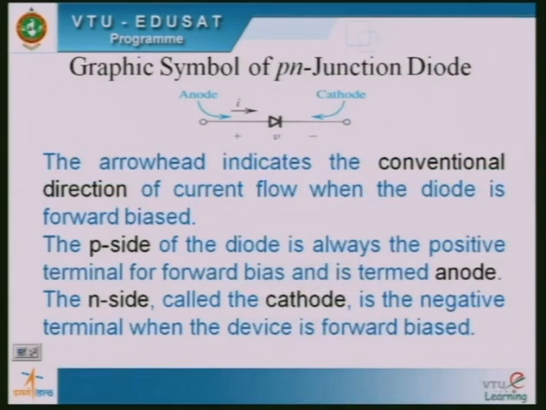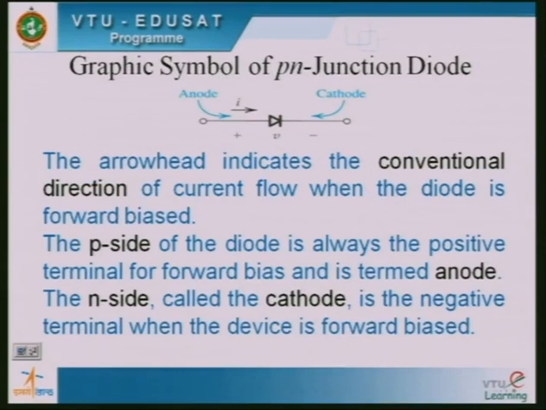Graphically it is represented by a diode symbol, and please note that the arrowhead indicates the conventional direction of current flow when the semiconductor diode is forward biased.